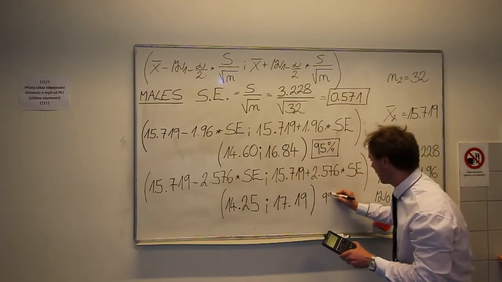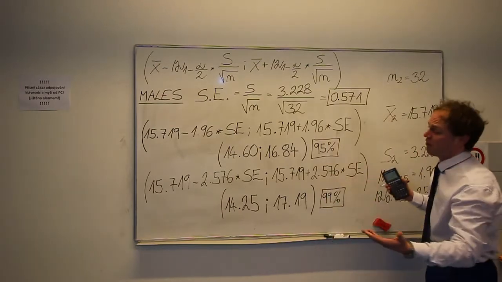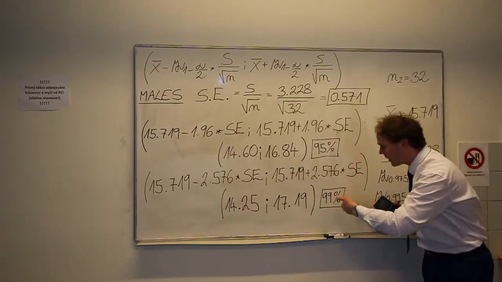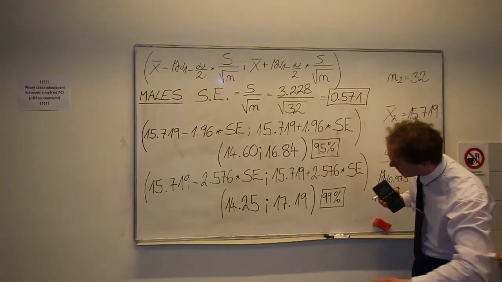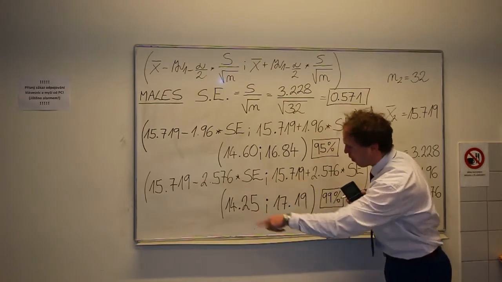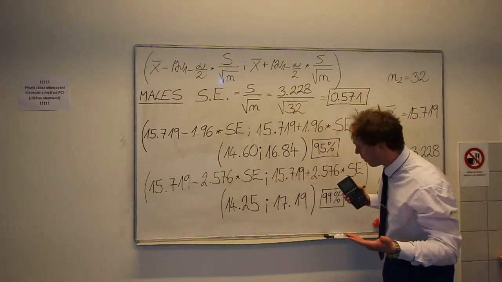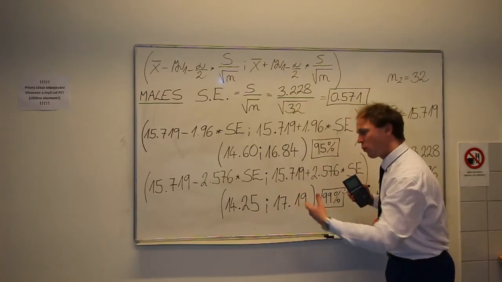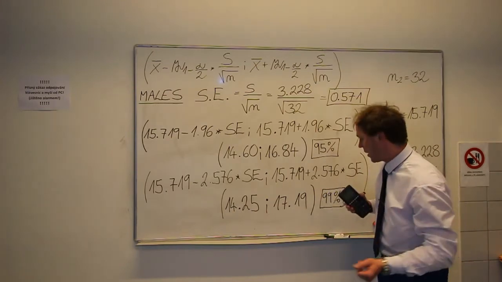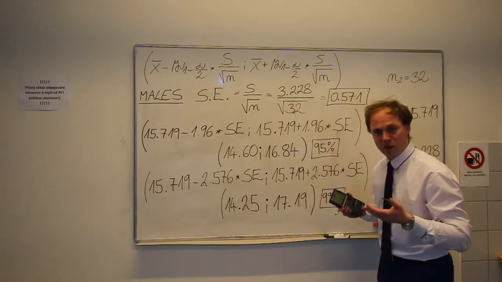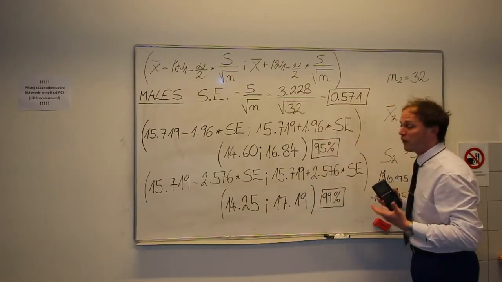So this is the 99% confidence level: with 99% probability we can expect that the average number of points from the midterm test, if you are male, will be between 14.25 points and 17.19 points. This is the interpretation.